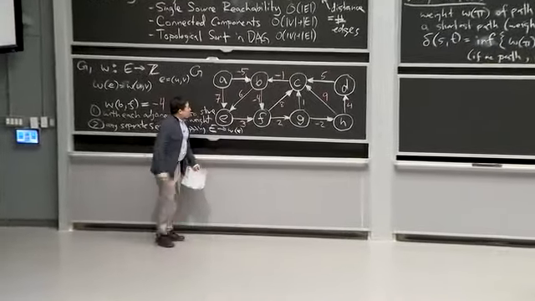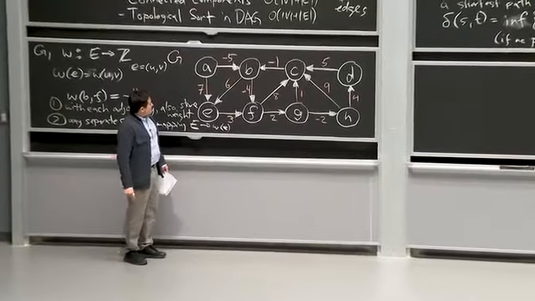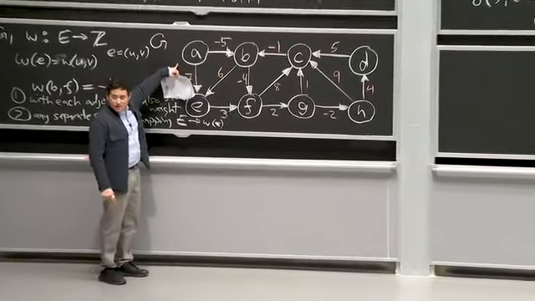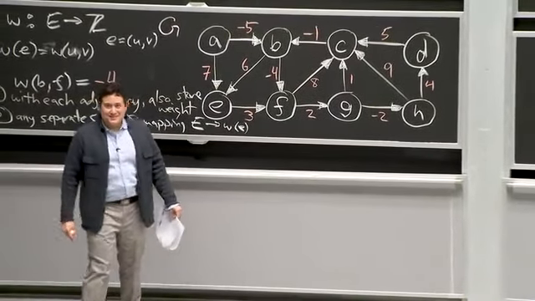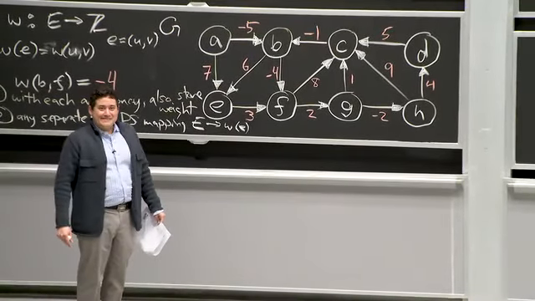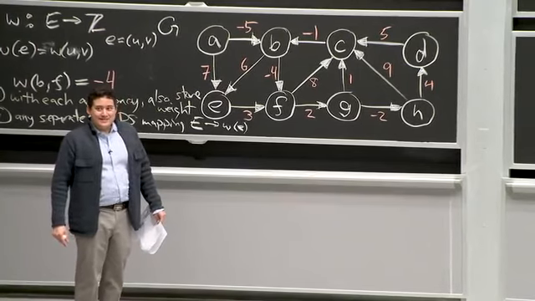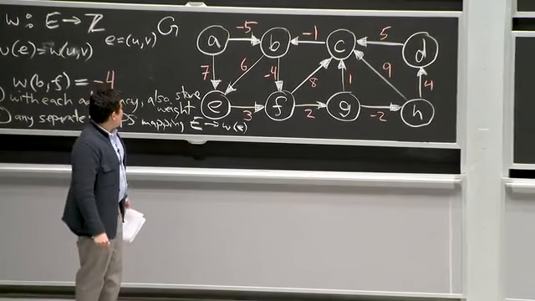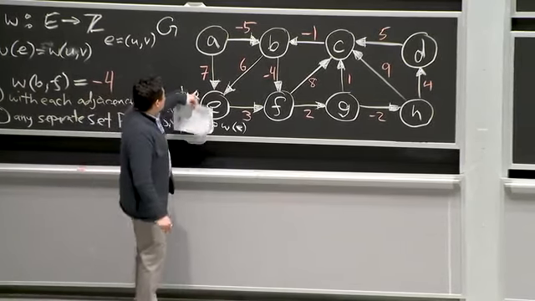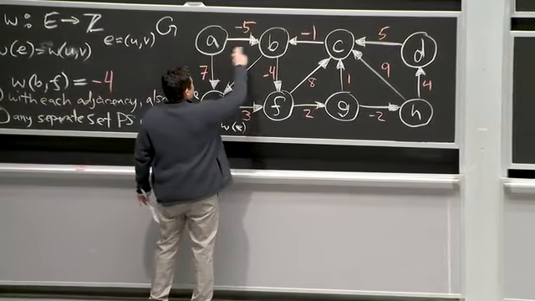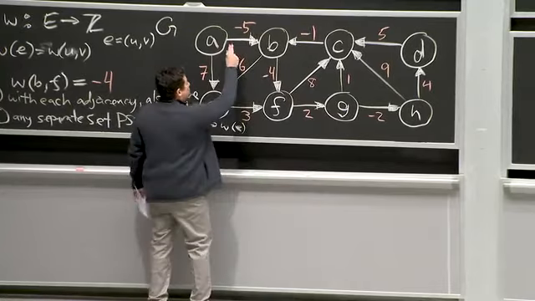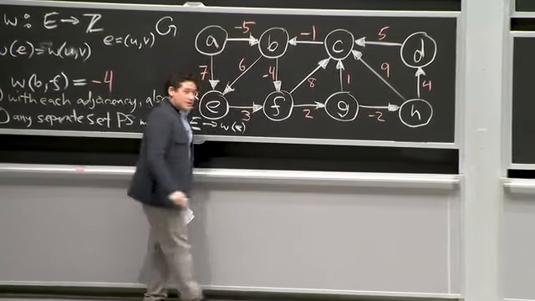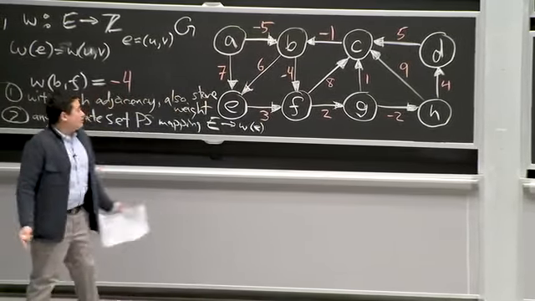Can someone tell me what the shortest path is from A to actually any vertex in this graph? Okay, we could look at this path to B. I have a path going from A to B that is -5. That's pretty small, right?